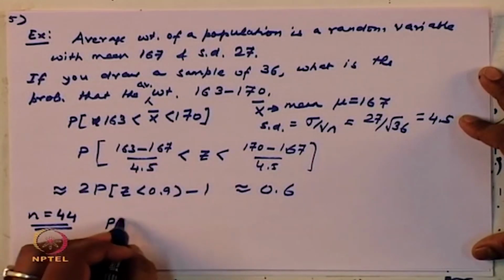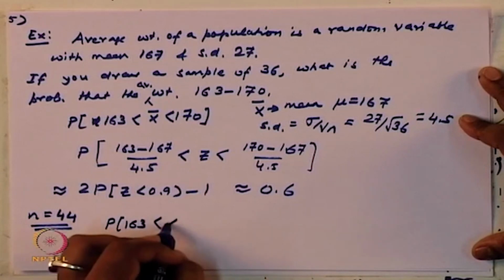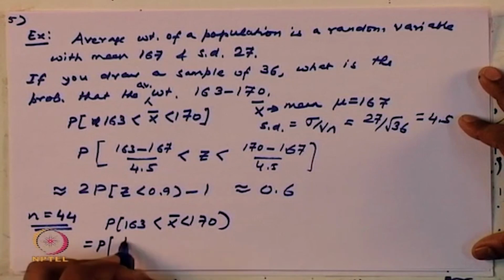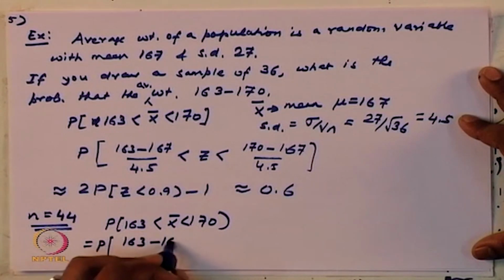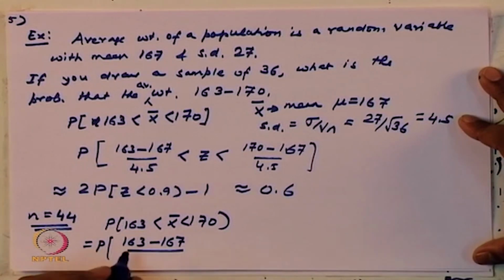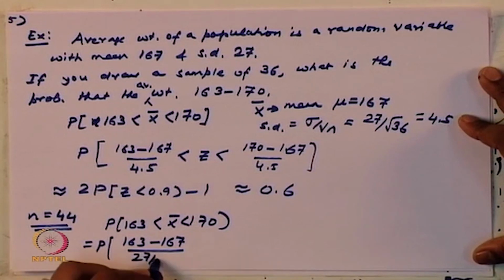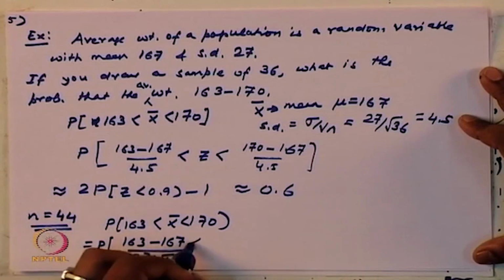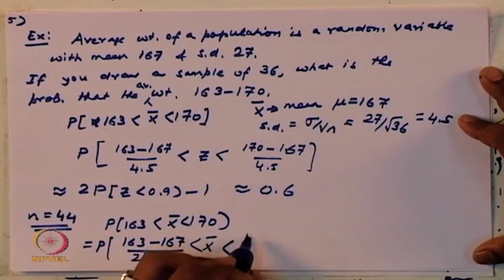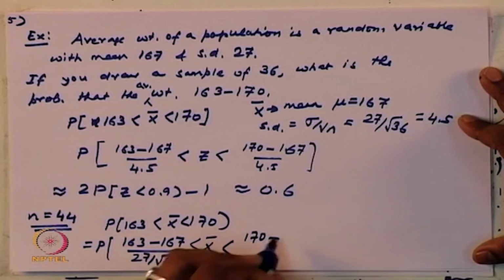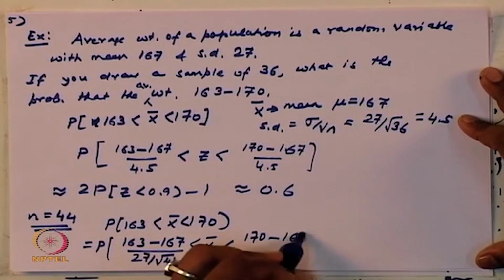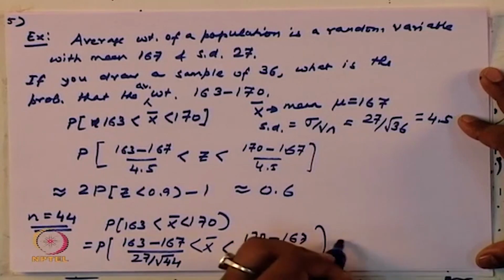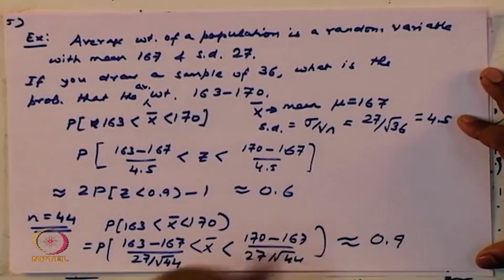In that case my probability of 163 less than x bar less than 170 would be probability of 163 minus 167, divided by 27 by root of 44, by root of n, less than x bar less than 170 minus 167 by 27 by root of 44, and this probability turns out to be 0.9.